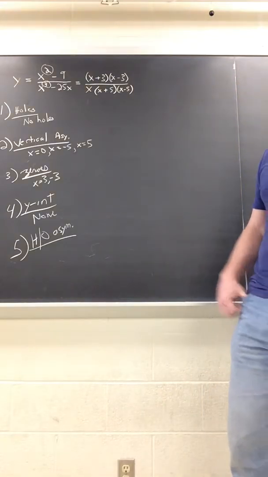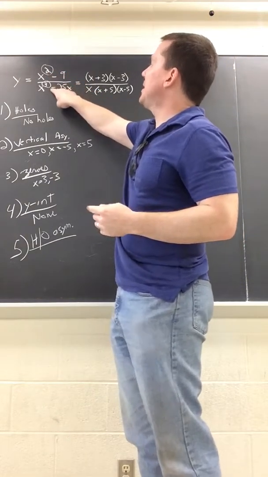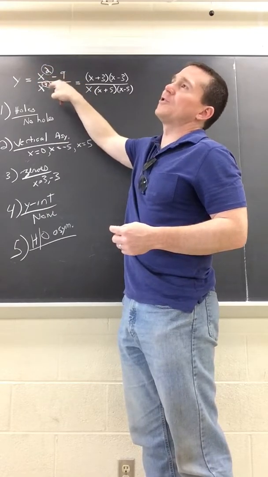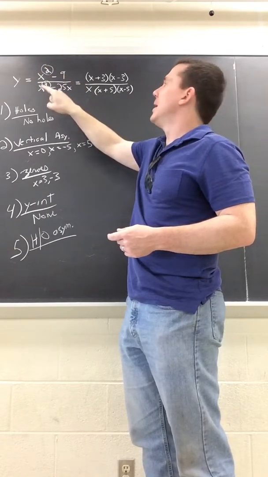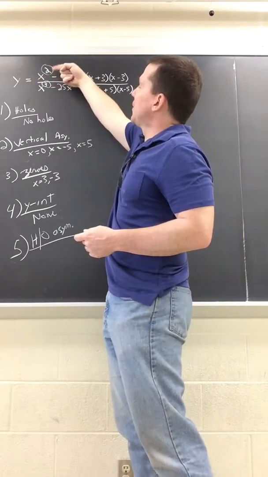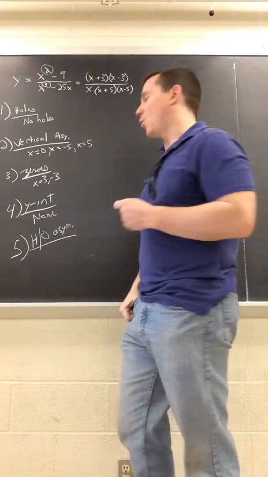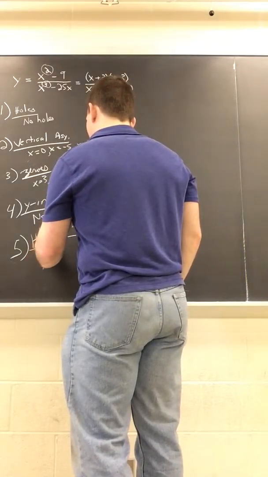There are 3 possibilities: the degree in the numerator is less than the degree in the denominator, the degrees are equal, or the degree in the numerator is greater. If the degree in the numerator is less than the degree in the denominator, like we have here, we get a horizontal asymptote at y equals 0.